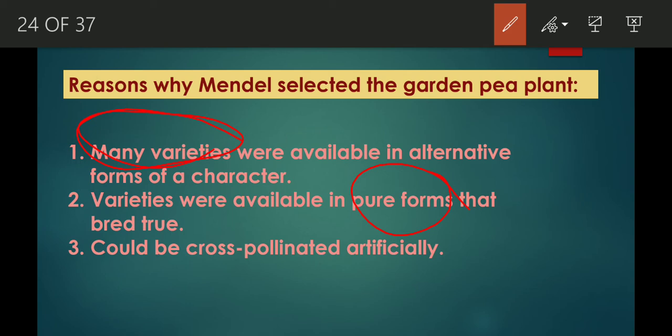But when the reproductive parts of the flower, that is the male part, the stamens, and the female part, the carpels, are removed, then these plants can be cross-pollinated artificially. For all these three reasons, Mendel selected the garden pea plant for his experiments.